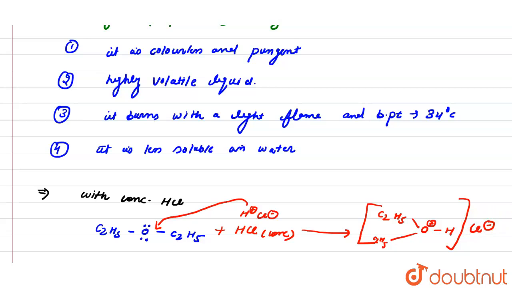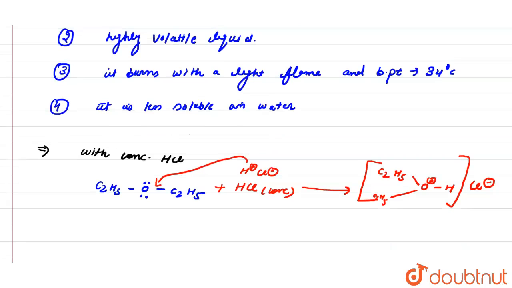When diethyl ether reacts with concentrated HCl, it forms the stable oxonium salt.